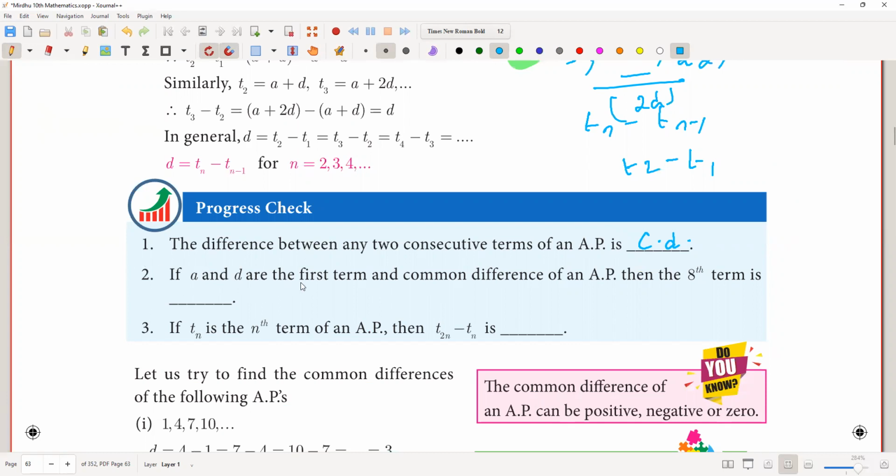If A and D are the first term and common difference of an AP, then the eighth term is T8 equal to A plus n minus 1, that is 8 minus 1, 7D, into D. If Tn is the nth term of an AP, they're asking for T2n minus Tn.